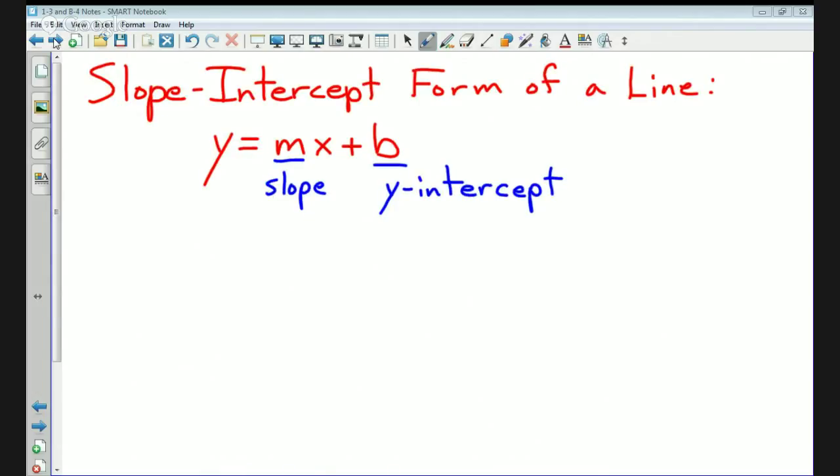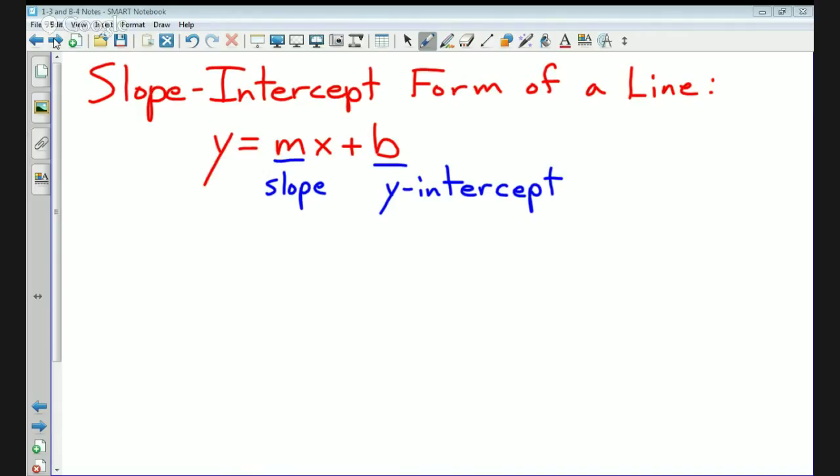So looking at this then, it's like, well, how do we get the y-intercept in practice? I'm going to show you that in another equation here shortly that makes things a little bit easier. But slope-intercept is a very common form, and I want to start out with that.